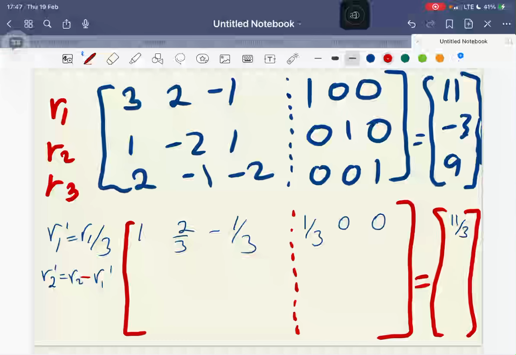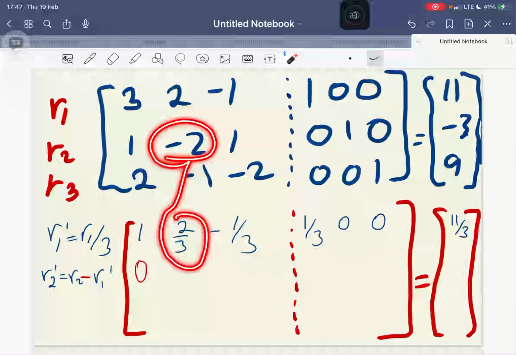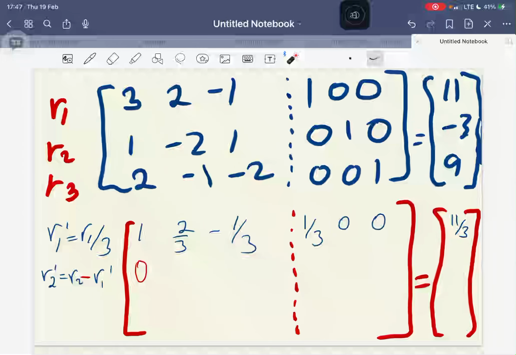So R2 minus R1, that means this R1 minus R1, the result is now going to be 0. All right, then we now have minus 2 minus 2 over 3.